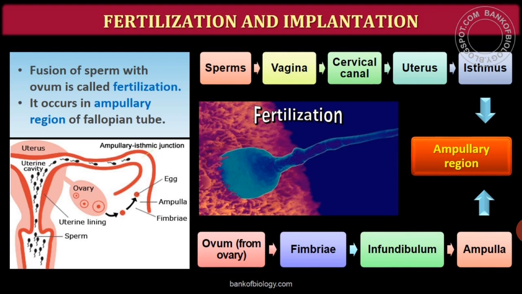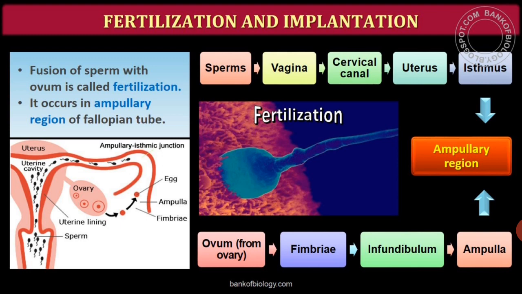If they ask you which region in the oviduct or fallopian tube fertilization occurs, you have to say it is the ampulla isthmus junction. It is the place where fertilization occurs.